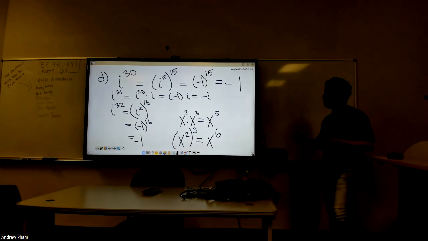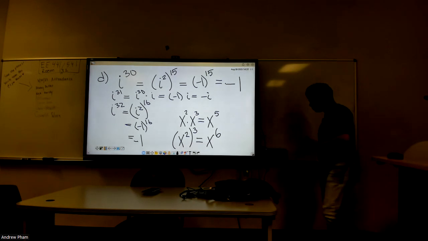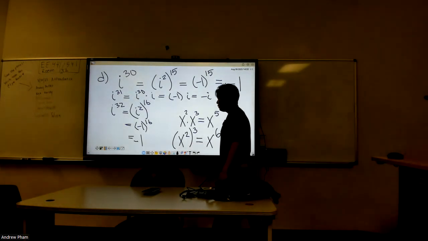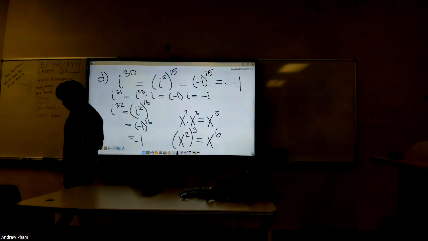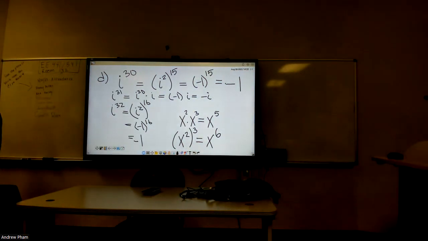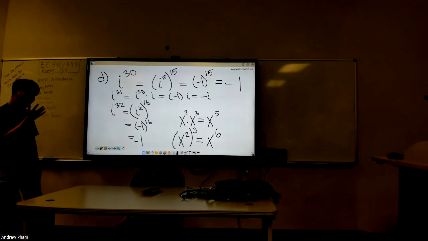We can always break it down into i squared to some power, and if it's odd, i squared to a power times i. Any quick questions about how we did i to the 30th power, or i to any higher exponents? This is not something I'm going to tell you to worry about. It's just a nice extra thing about how we can always clean up our i's if we have a higher power.